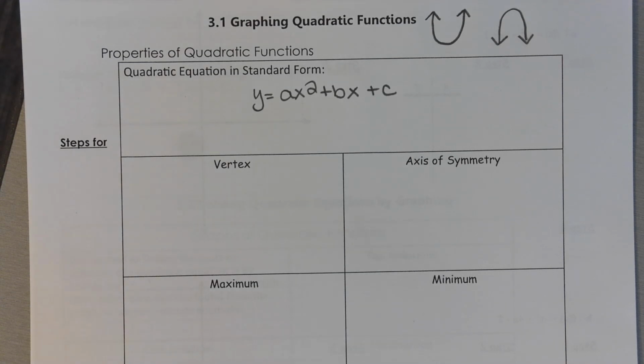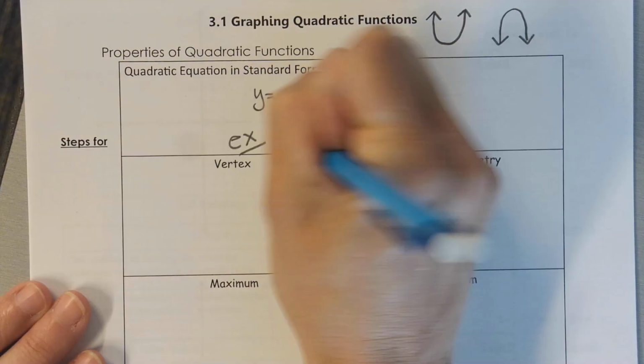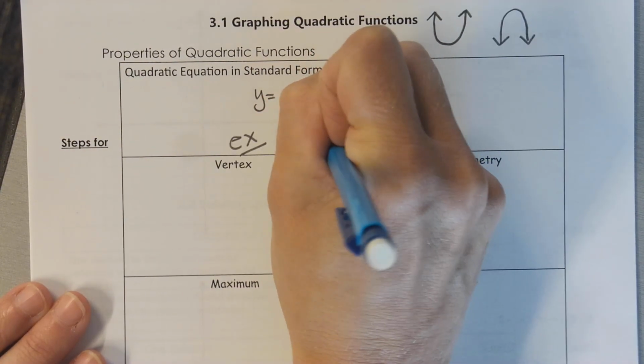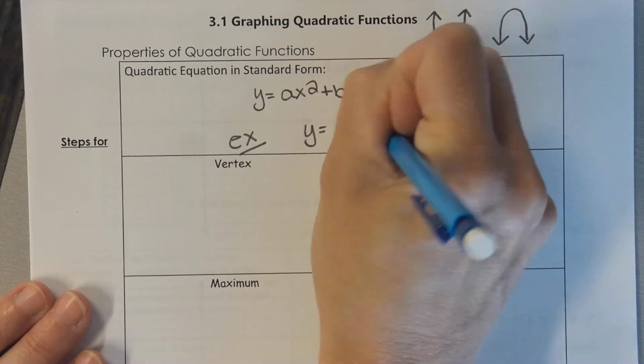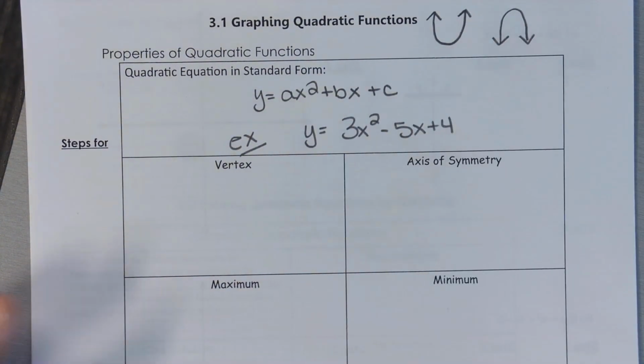So an example of what this could look like if I put numbers in, you could have an equation that reads y equals 3x squared minus 5x plus 4. That could be an example of a quadratic equation where the a, b, and c are represented with numbers.